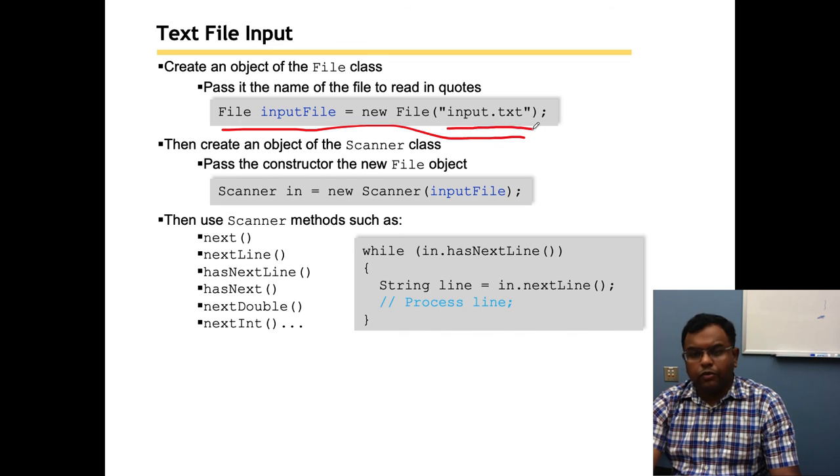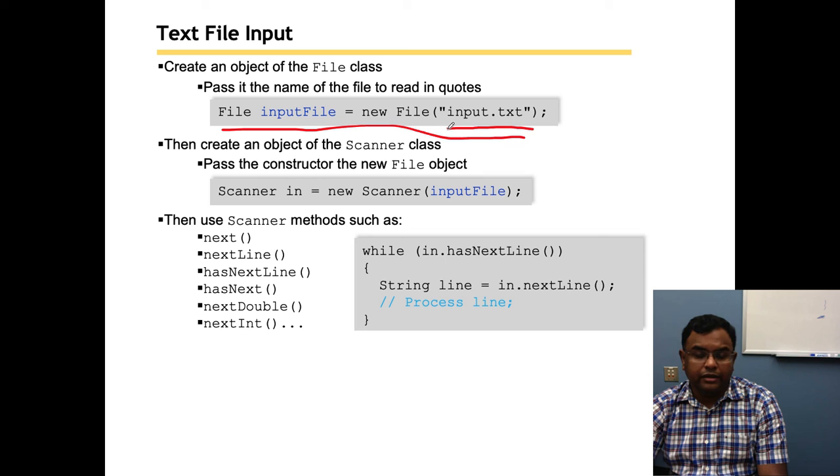Remember, if this program is being executed in a particular directory and the input file is stored in that directory, then we can just give the file name. However, if the file is stored in another directory within the tree view of where it is being executed, we can give the relative location. If that is not the case, then we have to give the system-wide location of that particular file. Got this point? Let's move on to how we define the scanner.